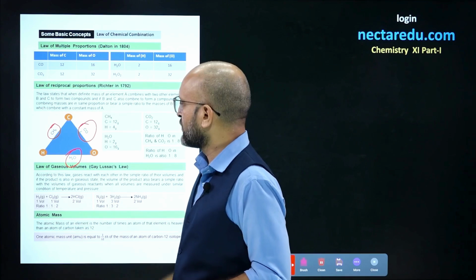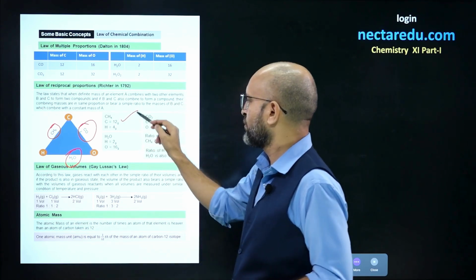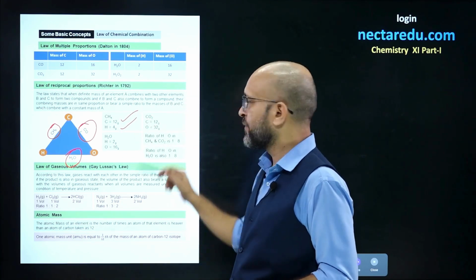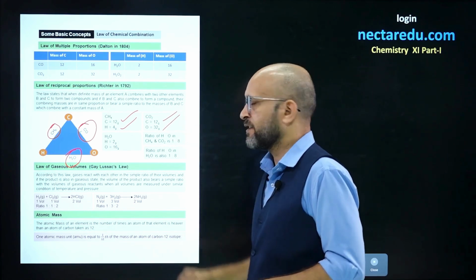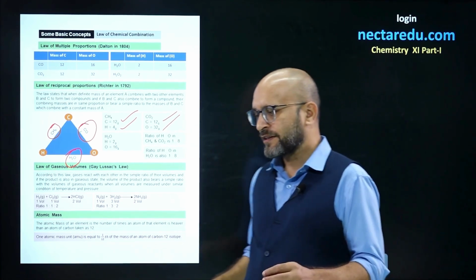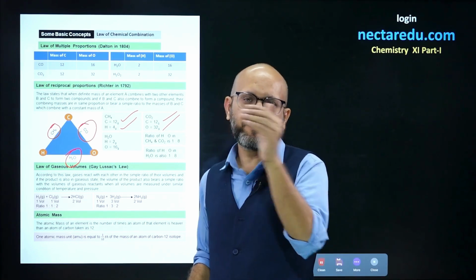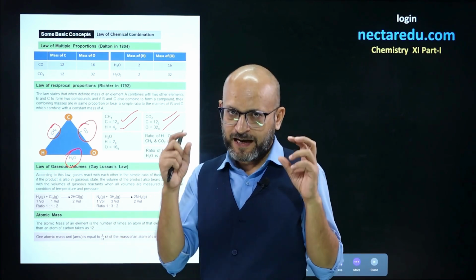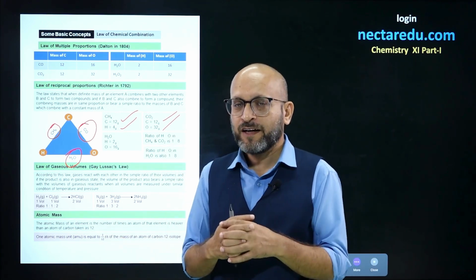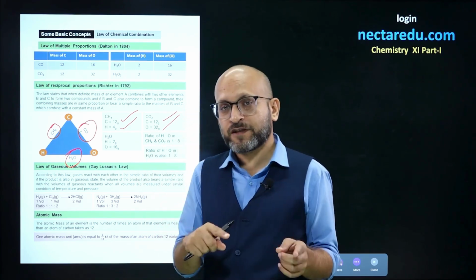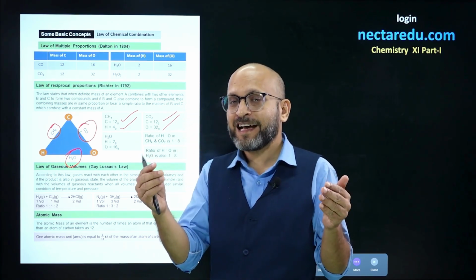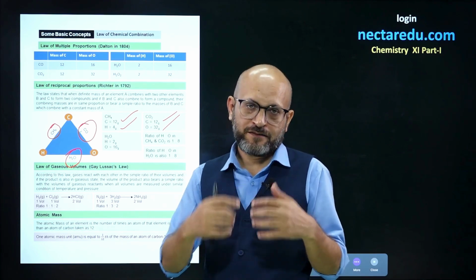Carbon and hydrogen combine here, 12 gram of carbon combines with 4 gram of hydrogen; with oxygen, 12 gram of carbon combines with 32 grams. So, what does this law say? A fixed mass of one element combines with two different atoms and forms a compound. The ratio of the other two atoms will be the same as when they combine together.